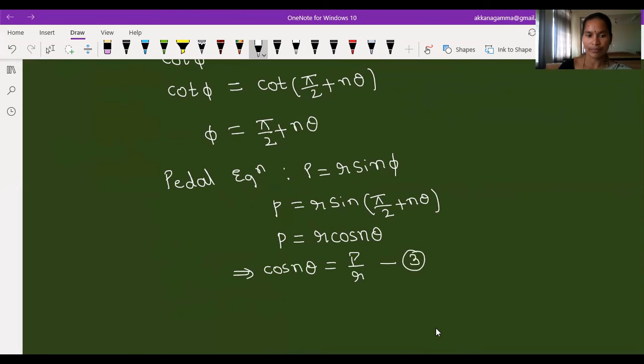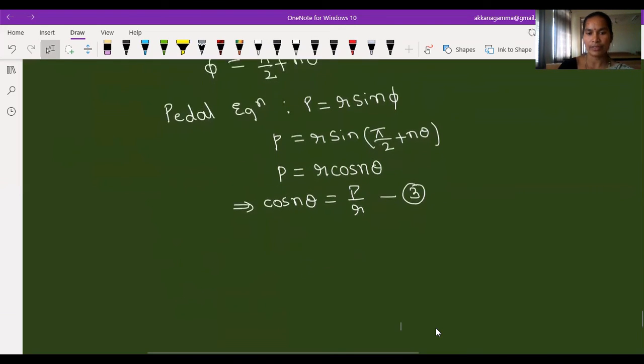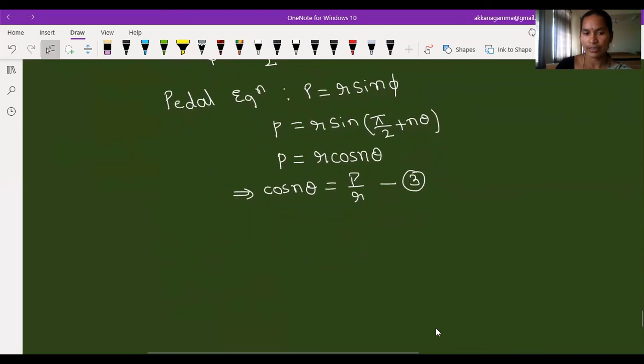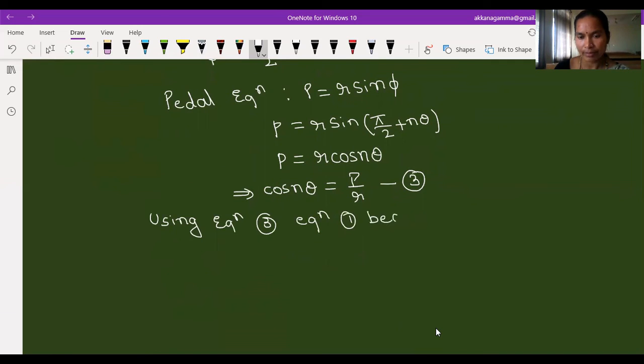Now I'll use equation 3 in equation 1 to remove the theta function. Equation 1 is r to the power n equal to a to the power n into cos n theta.